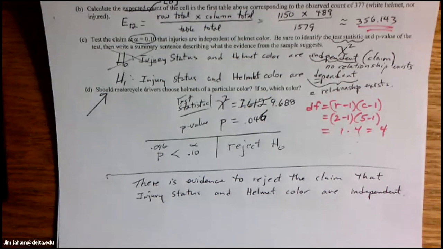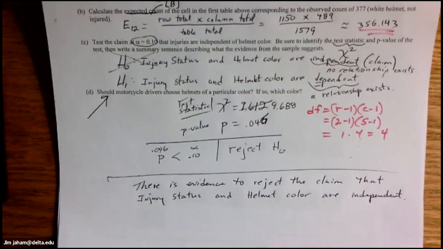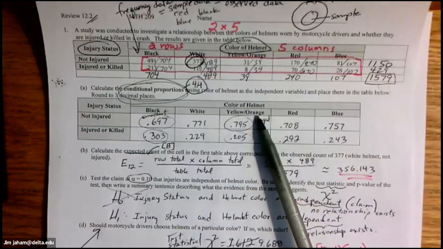Should motorcycle drivers choose helmets of a particular color? If so, which color? Okay. Probably not, because if someone buys a yellow or orange helmet, they still have to do something else.